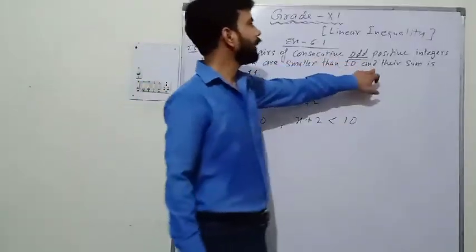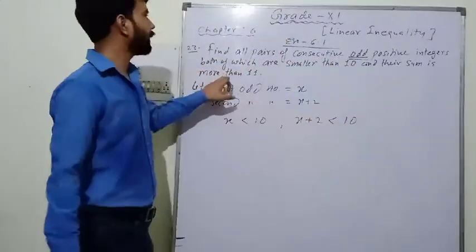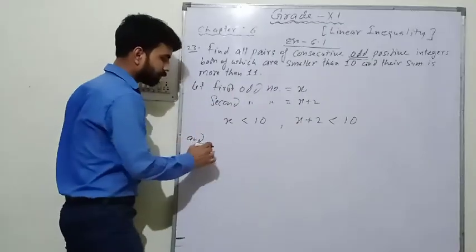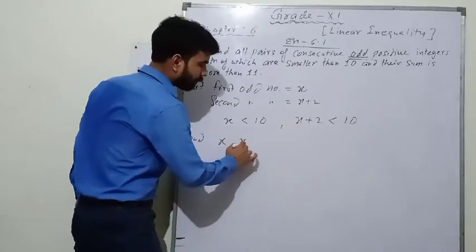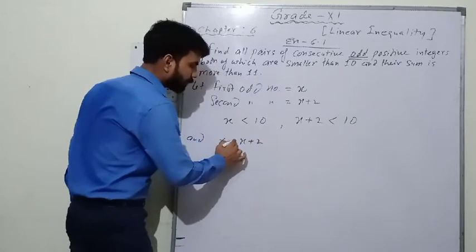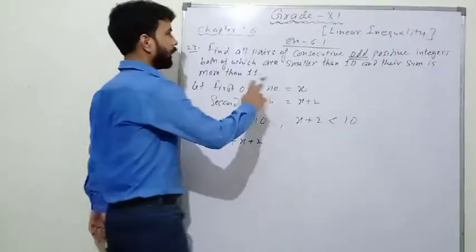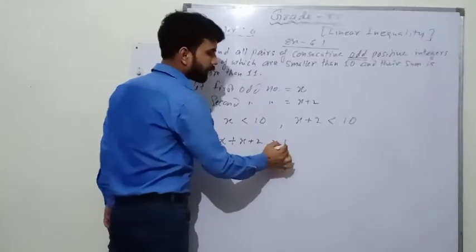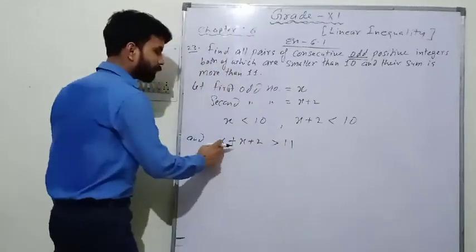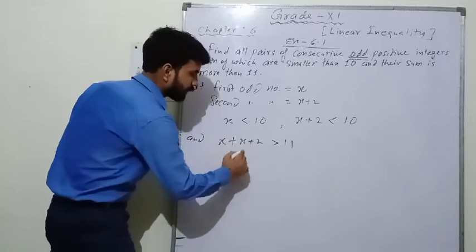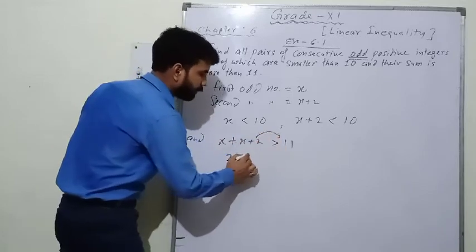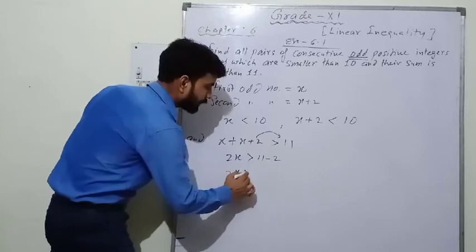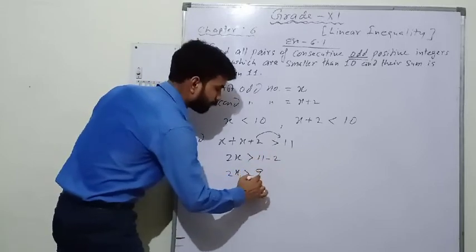Now, and their sum is more than 11. This is the second condition. Their sum, first number is x, another number is x plus 2. Their sum means plus is more than 11. More than 11 means greater than 11. So beta, x plus x is 2x. And this 2 can be shifted there. So greater than 11 minus 2. Then 2x is greater than 11 minus 2, which is 9.